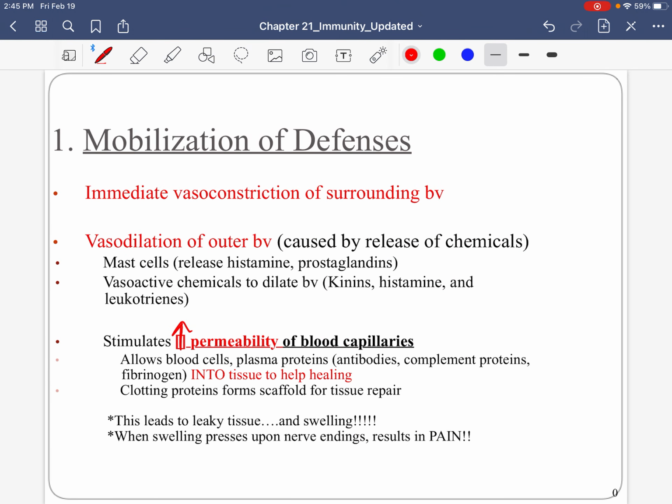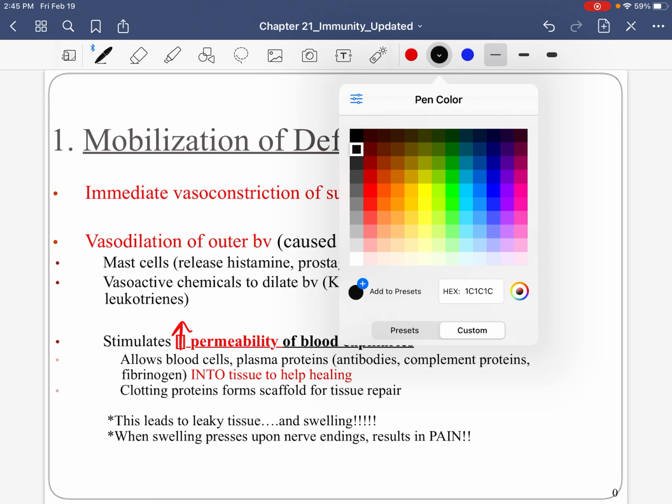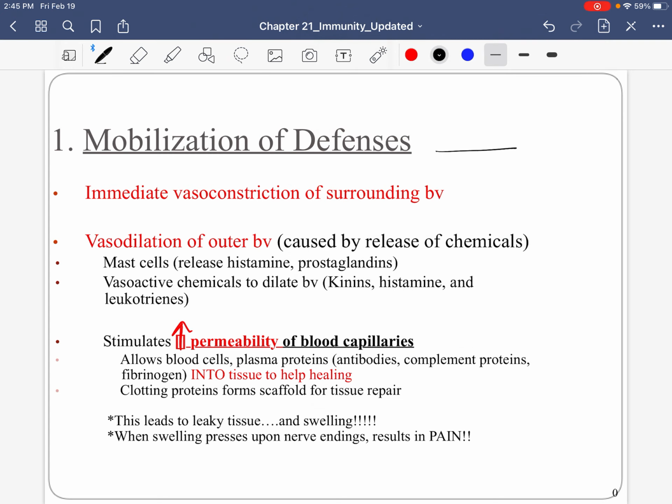The first thing, already talked about, my friends, right? We had tissue damage, and there's bleeding. So what do we do? We already know this. We vasoconstrict the blood vessels that are immediately surrounding the damaged area to prevent more blood loss. We vasodilate the outer blood vessels to be able to bring in supplies and remove bad things.